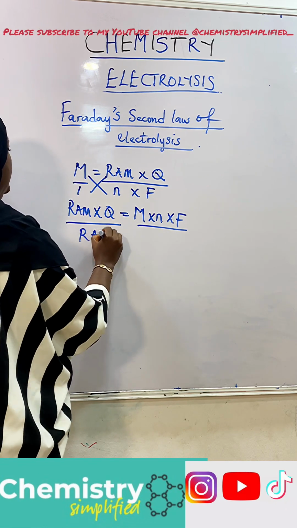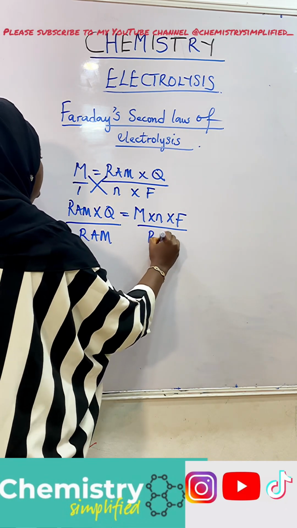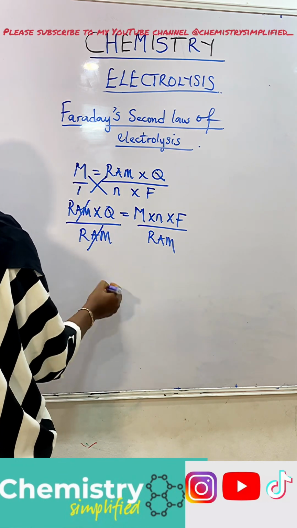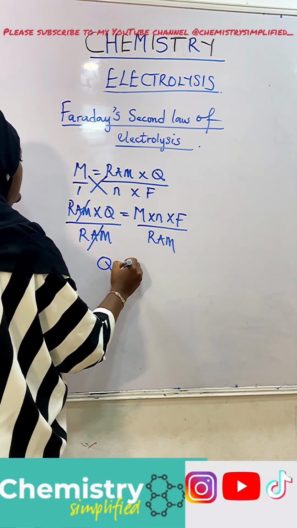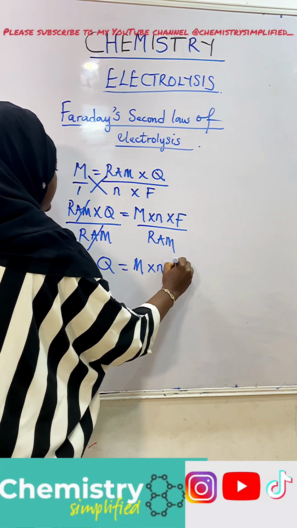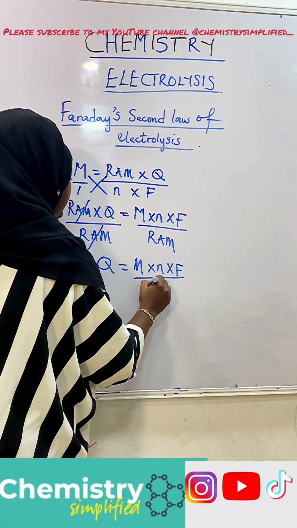Relative atomic mass cancels relative atomic mass here. So eventually we have Q equals mass times number of charges times Faraday constant, all over relative atomic mass.